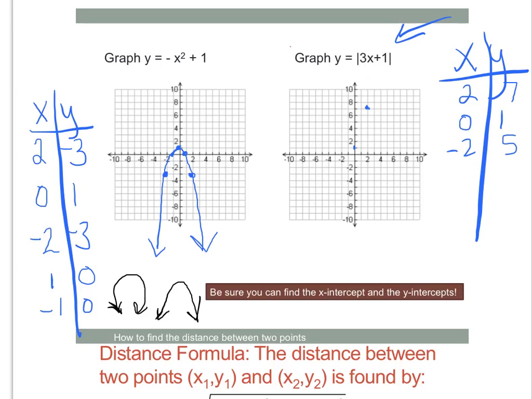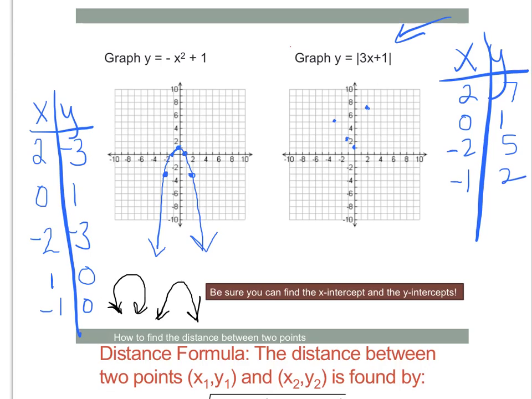So -2, comma 5. Okay. I think I need to plot a few more points, because I can't really tell what the graph looks like. Let's try -1. If x is -1, 3 times -1 is -3, plus 1 is -2. Take the absolute value, and so it's 2. -1, comma 2.